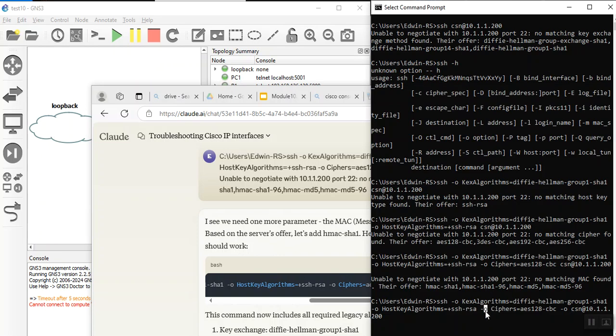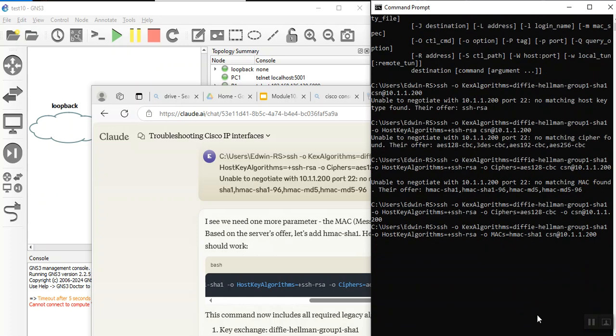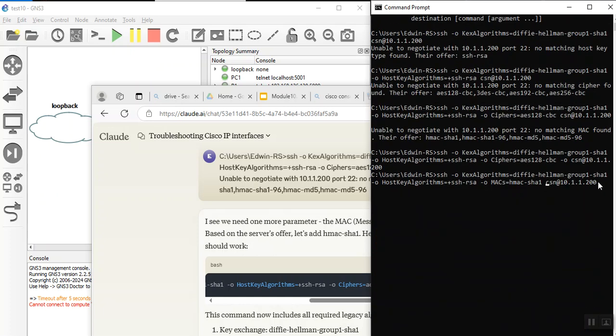To make sure. So -o, MACs hmac-sha1, right? Okay. So here, this is the full thing that we have to press.